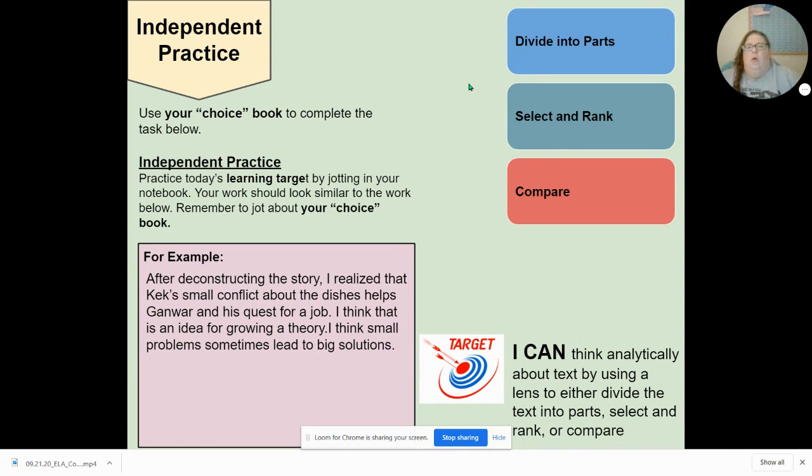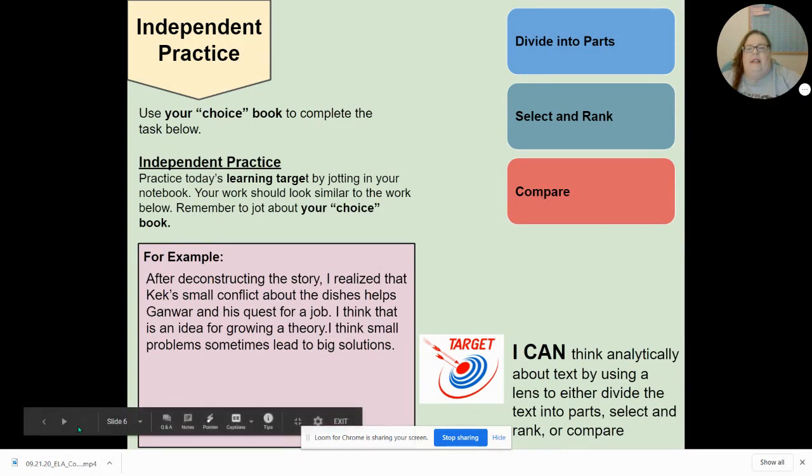And when we're ranking things, we can rank them according to most important to least important, or least important to most important, just depending on how you want to do that. And then comparing the settings, comparing events, comparing problems, comparing characters. Those are all things that we do when we think analytically about the text.